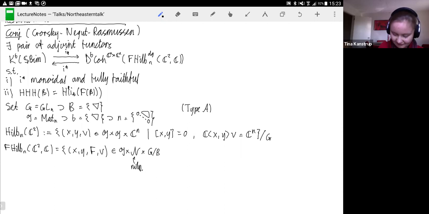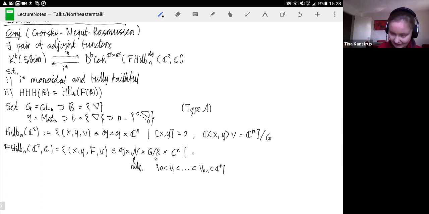And then my flag variety, G mod B. And in type A, this is a sequence of vector spaces, each of which has dimension equal to its index.